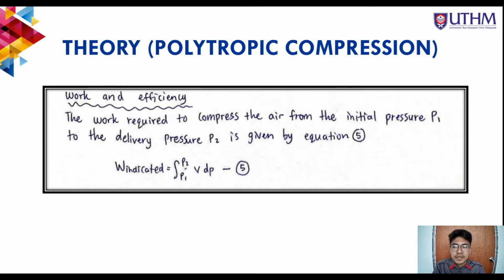So for the next part of the theory, we will be talking about the work and efficiency. The work required to compress the air from the initial pressure P1 to the delivery pressure P2 is given by equation 5, where W indicated equals the integration of V dP from P1 to P2.